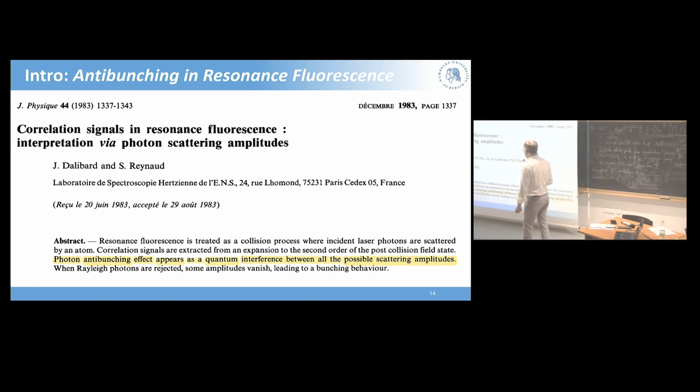And what they found is that you can explain this photon anti-bunching effect as being due to a quantum interference between all the possible scattering amplitudes. And they go on: when Rayleigh photons are rejected, so these are the so-called coherent photons, I will tell you what these are, so if some of the photons are rejected from the resonance fluorescence, then some amplitudes vanish, and then we could observe bunching in resonance fluorescence, okay?